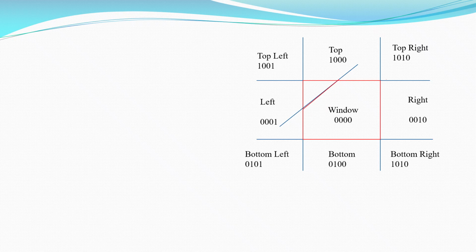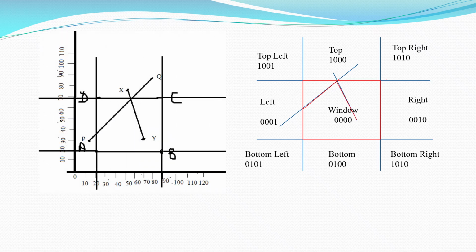After clipping the line is like this, and this is your XY, so we get this one. Okay, according to the question, this is your diagram. So after clipping, the PQ is shifted here and XY, X is shifted here.